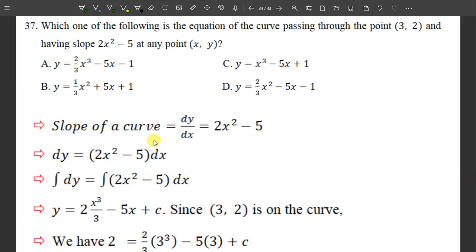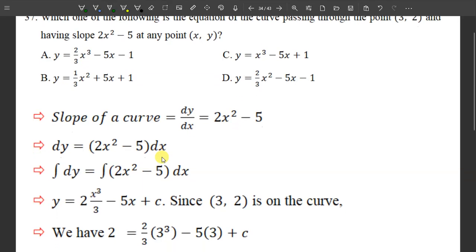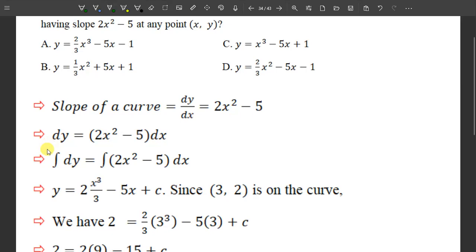Now suppose the slope of the curve is given by dy/dx = 2x squared minus 5. By multiplying by dx, we have dy = (2x squared minus 5) dx. And then integrate both sides.